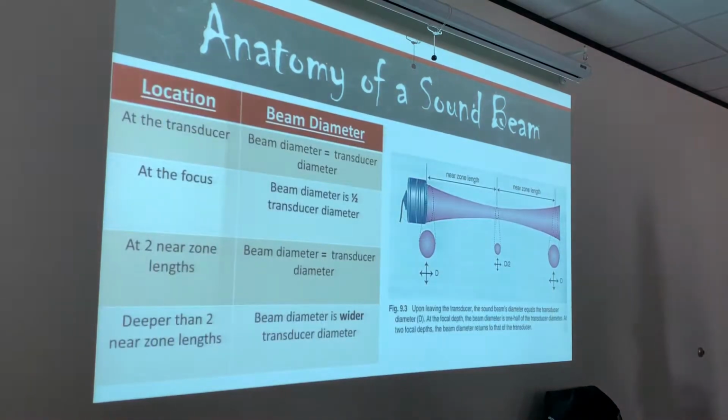So let's go back through some facts again about the location and the beam diameter. At the transducer, the beam diameter is equal to the transducer diameter. It's not going to be bigger than that, and it's not going to be smaller than that.